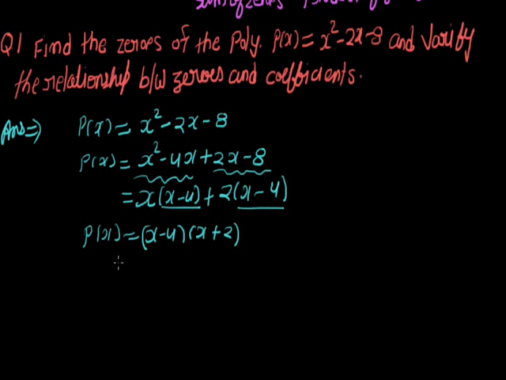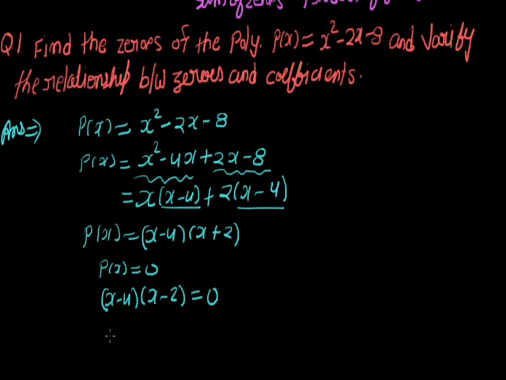Okay, now from here we can find the zeros of the polynomial p of x by equating p of x equal to 0, means x minus 4 into x minus 2 is equal to 0.